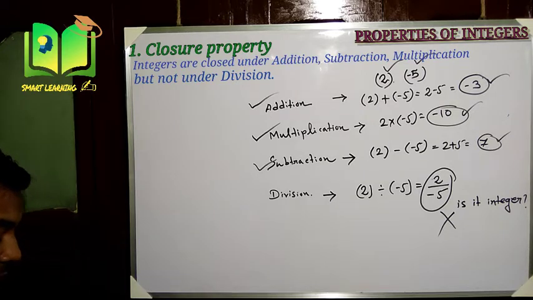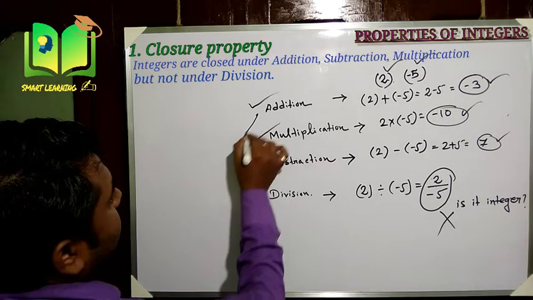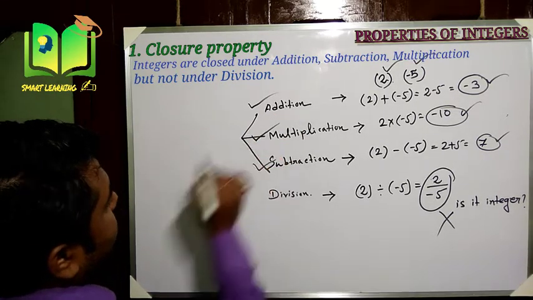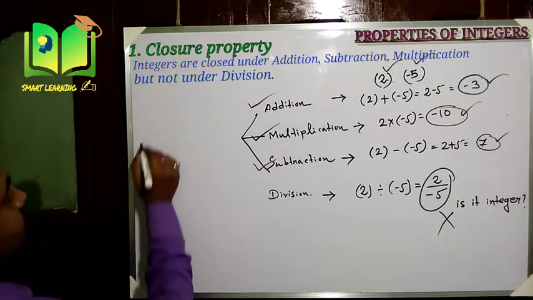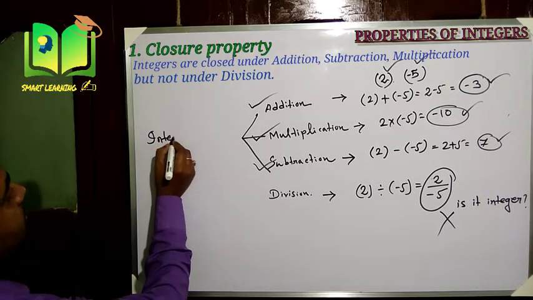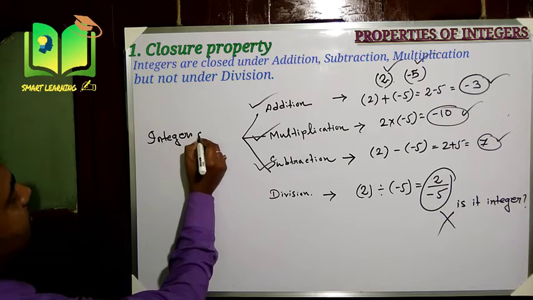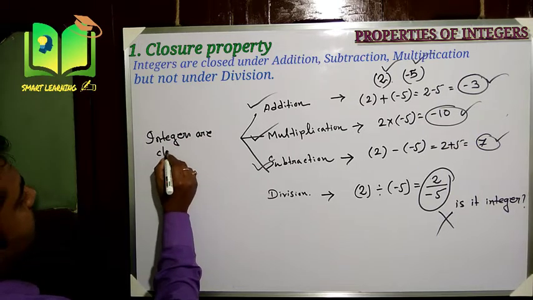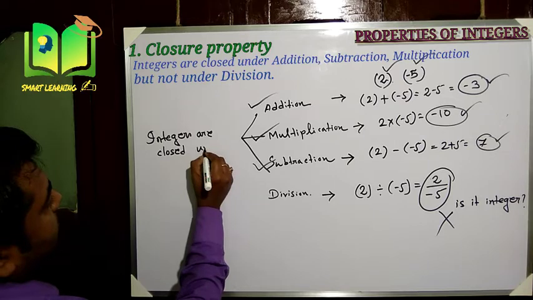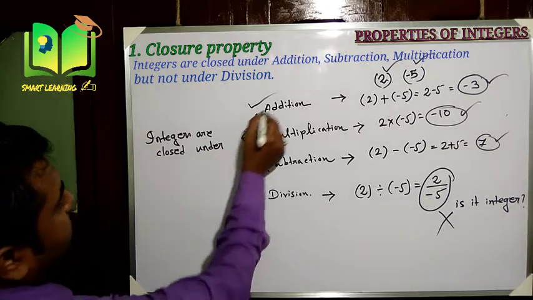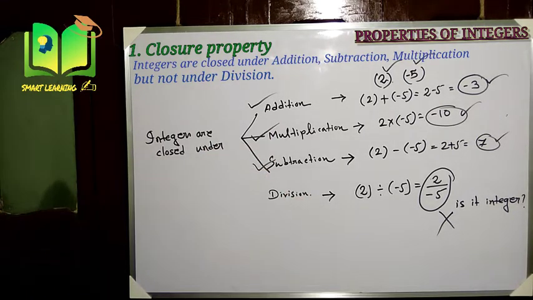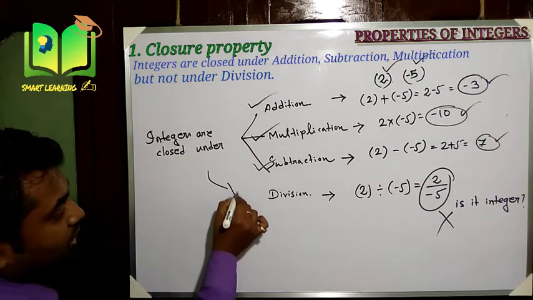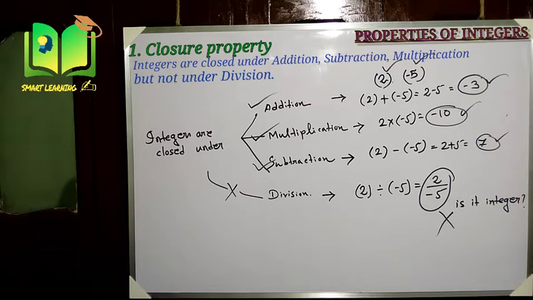Therefore we can say integers are closed under addition, multiplication and subtraction, but not under division.